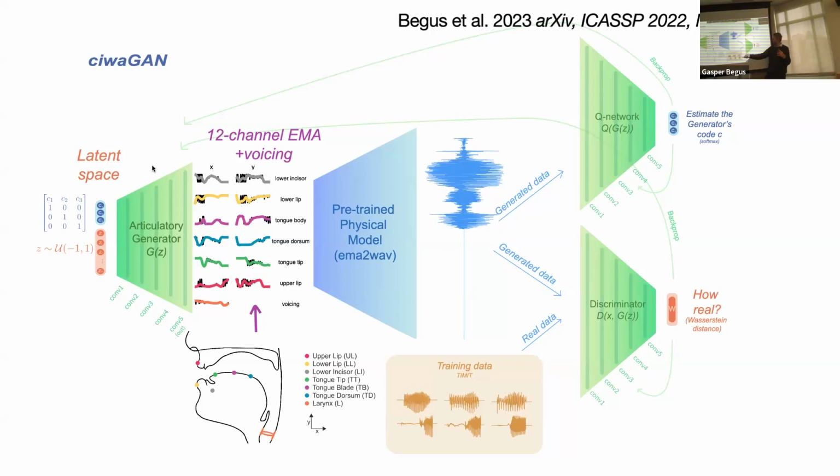Okay, so you have 3 points on the tongue, 2 points on the lips, 1 lower incisor, and you have X and Y. And you're recording how people speak. Okay, so our models are generating these virtual mouth movements. And then a pre-trained physical model takes these mouth movements and turns them into sound.